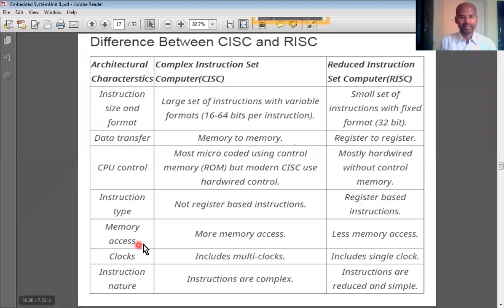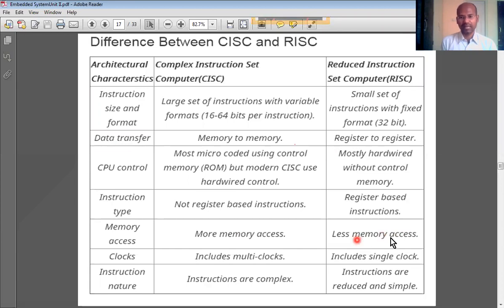Next, memory access. In CISC, more memory access; in RISC, less memory access. Many times every instruction talks to the memory, so the processor has to access the memory more frequently, whereas in RISC there is less memory access. Once we fetch the data from memory to local registers, then we don't need to access the memory several times.